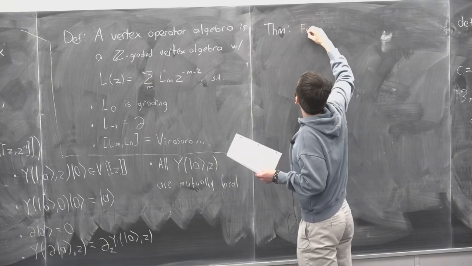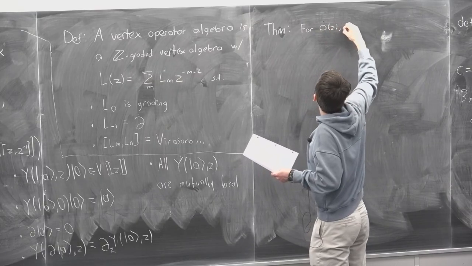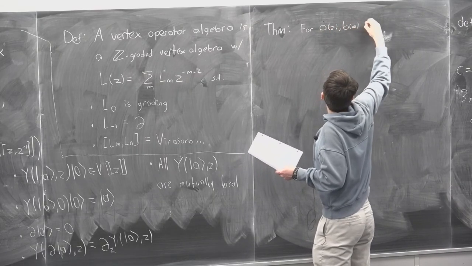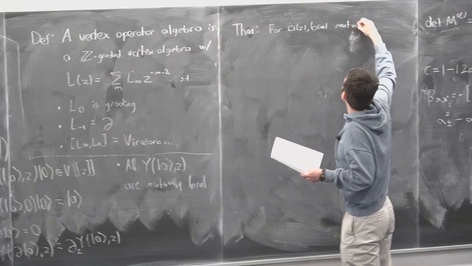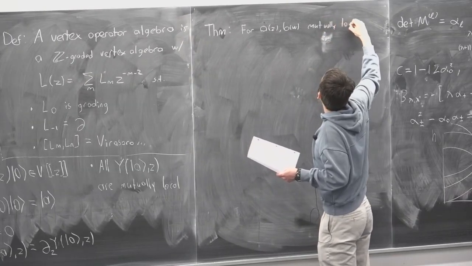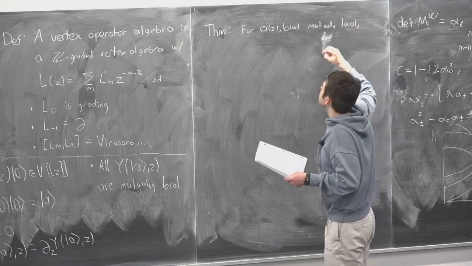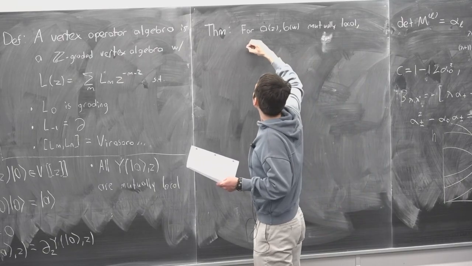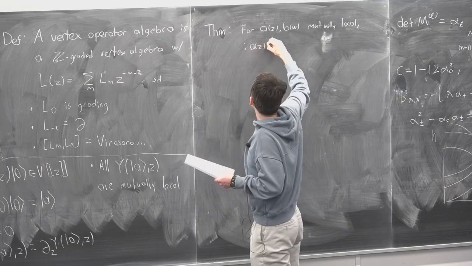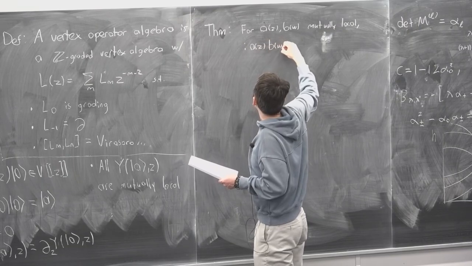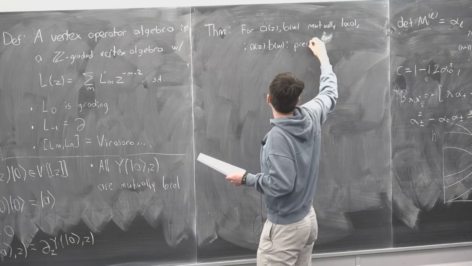So if you have mutual locality for two fields, this normal ordered product preserves mutual locality.